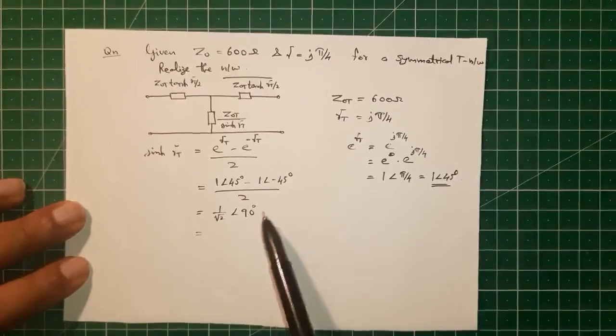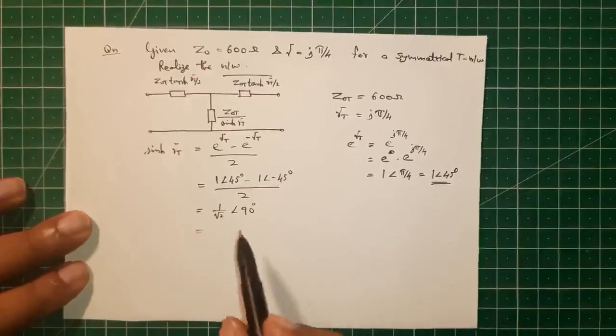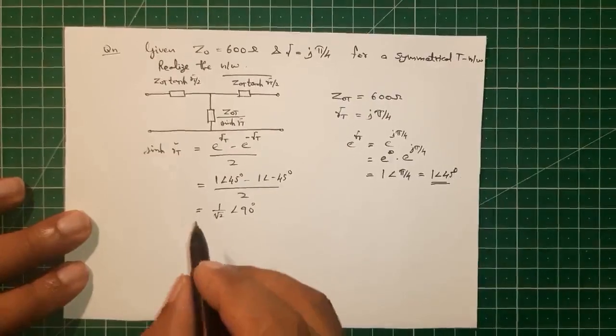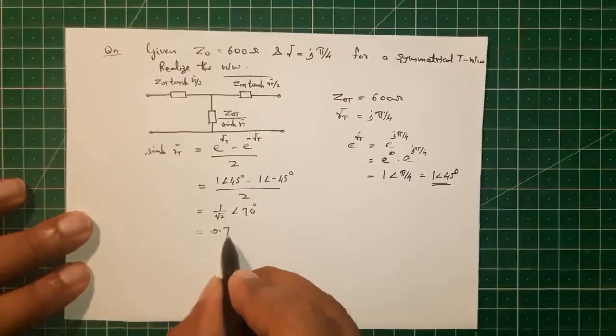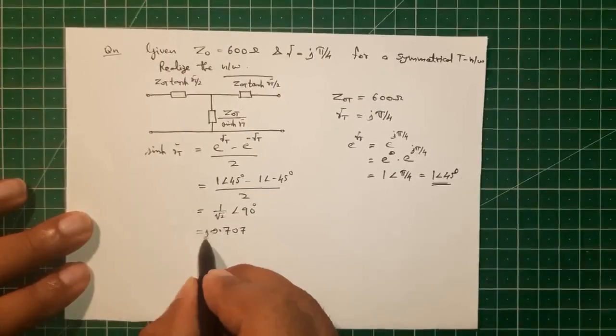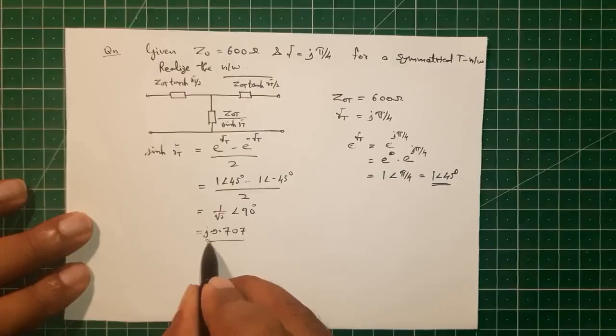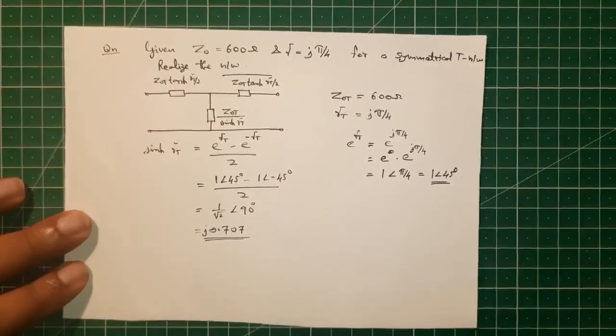You can do it in the calculator and see in polar notation. So this could be represented in complex notation as 0.707. So this is our sinh gamma.